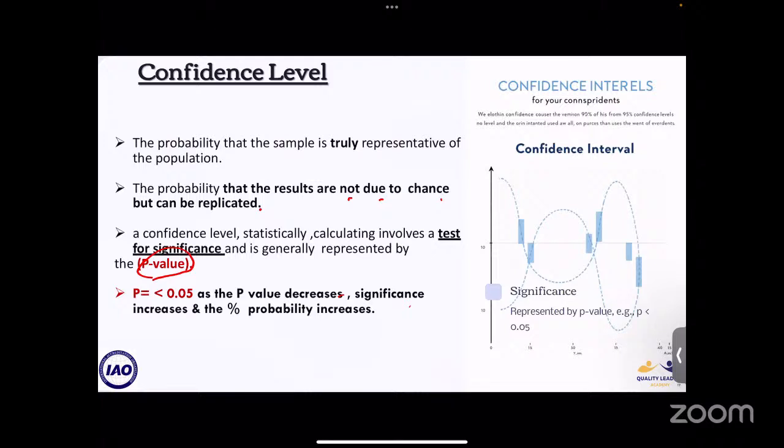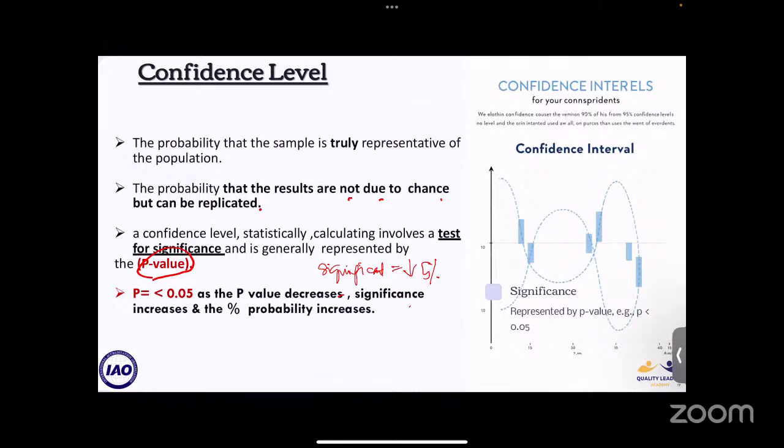So what is the significance of the p-value? A p-value less than 0.05, or 5% or less, is generally considered significant. This means there is less than 5% probability that the results are due to chance, which increases confidence in the results.